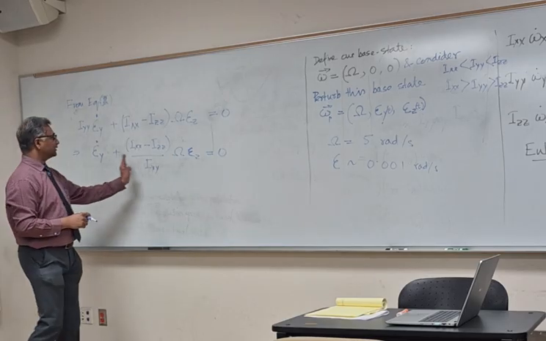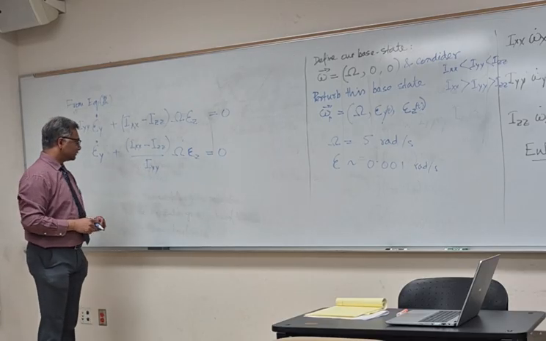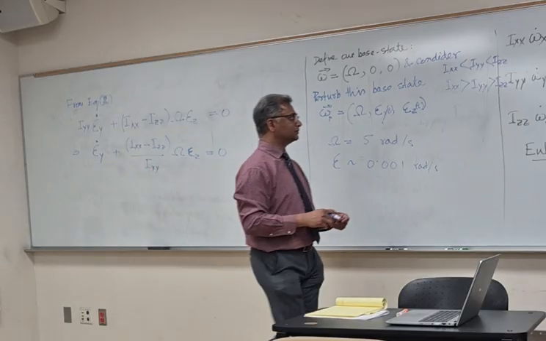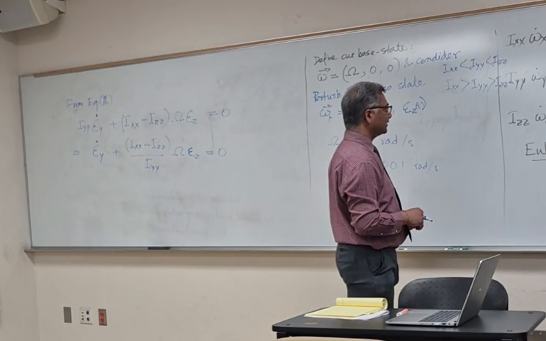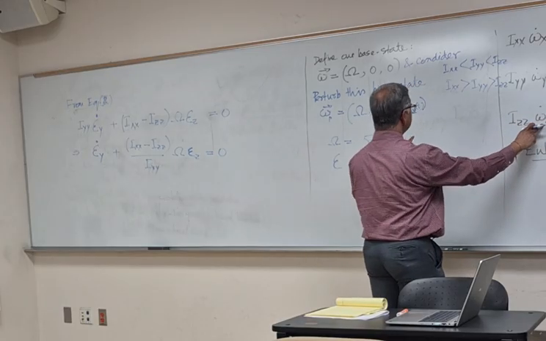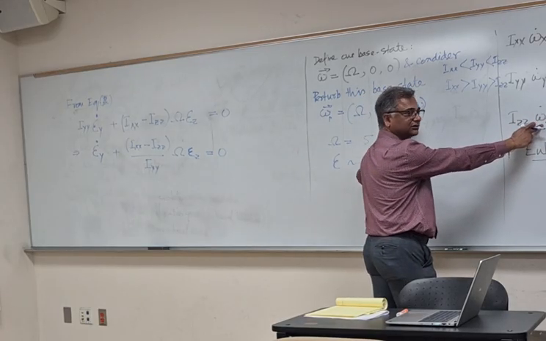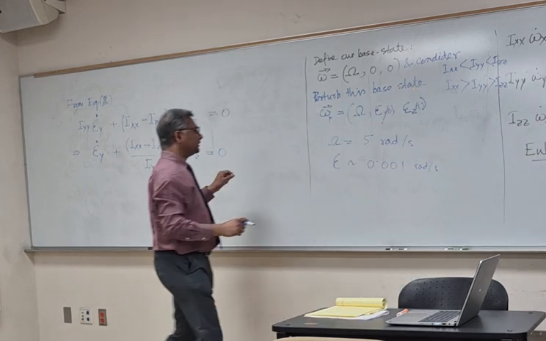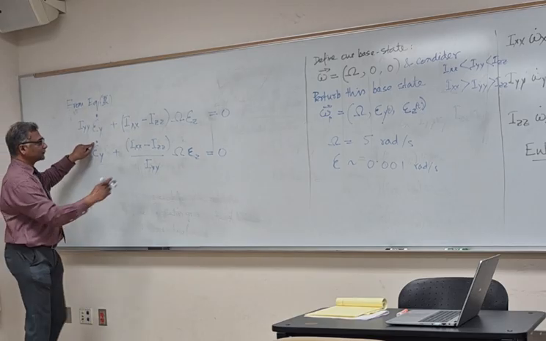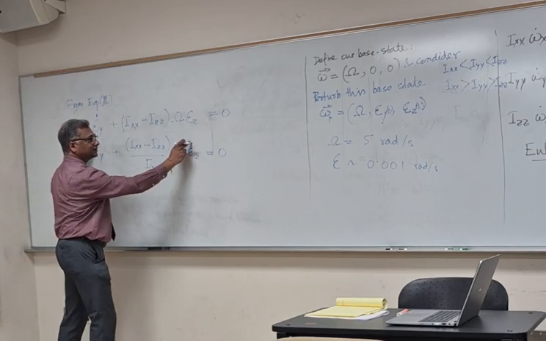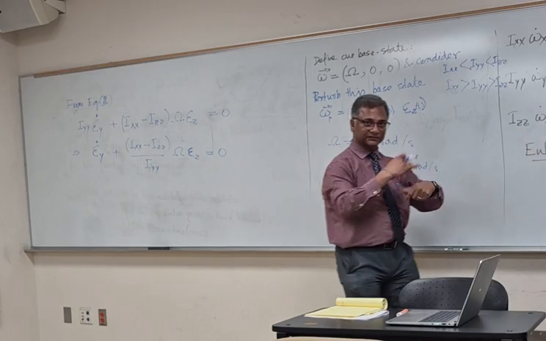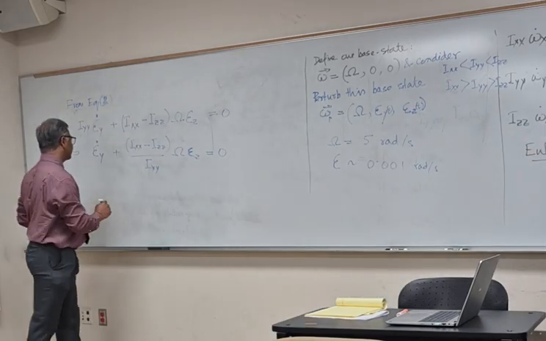If there is any mistake or any typo, don't hesitate to stop me and ask me. But from this equation, I see Izz. This would be epsilon z dot, right? So what we can do, I can differentiate this equation one more time with respect to time, so that I can get epsilon z dot, and then I can directly replace this epsilon z dot from the third equation to make it a one variable thing.